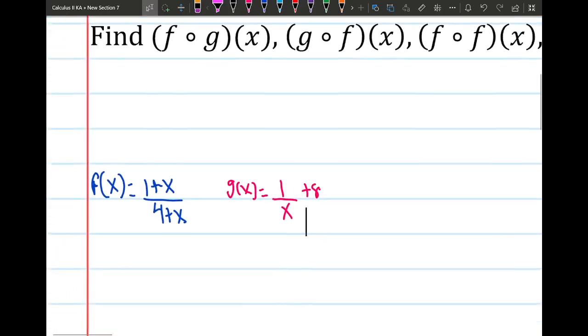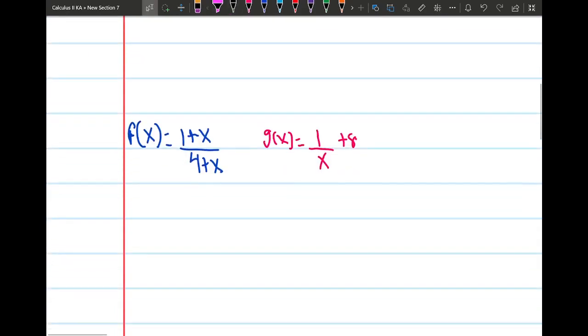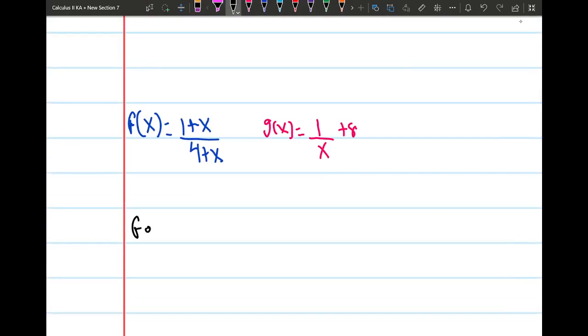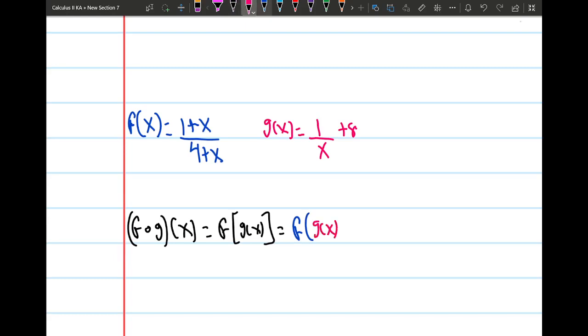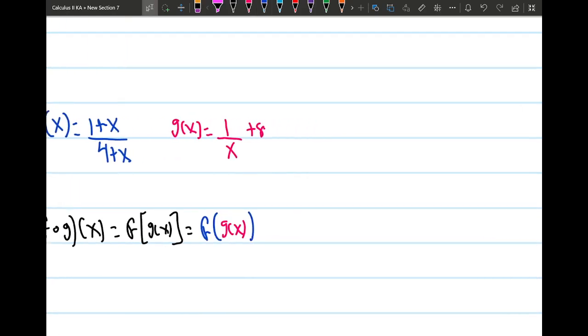Okay, so the first part of this problem is to find f of g of x. Basically, f composed with g of x is going to be f of the quantity g of x, and we're going to plug in g of x for x in f of x.